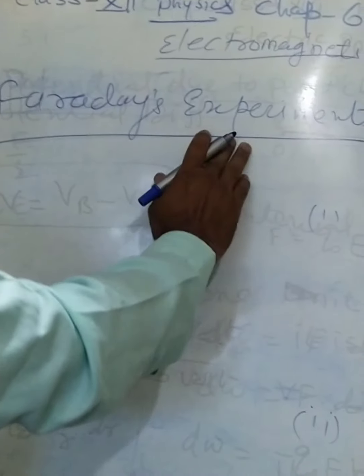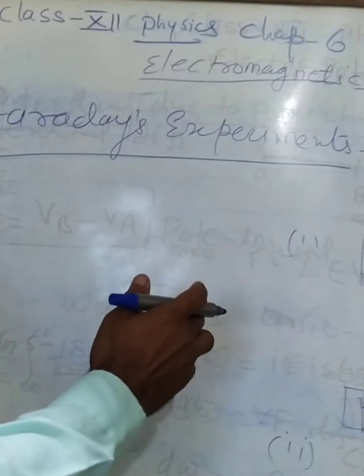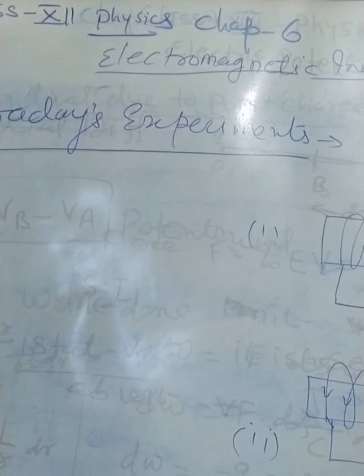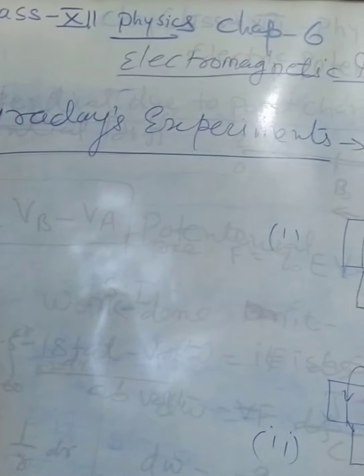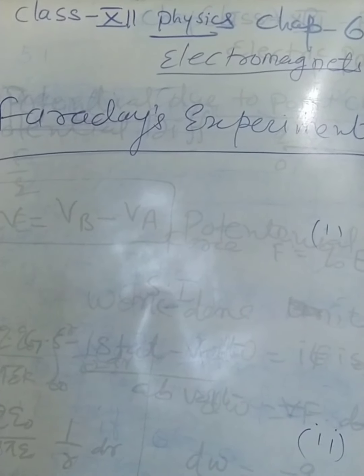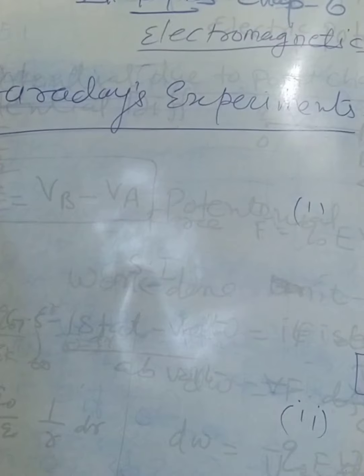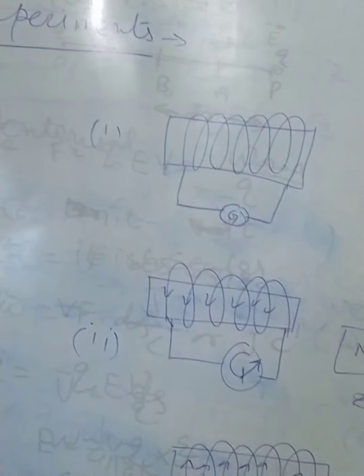Here we are talking about Faraday's experiment. On the basis of the previous chapter, the effect of electric current, Faraday gave one experiment. He took a coil and attached a galvanometer and a magnet.